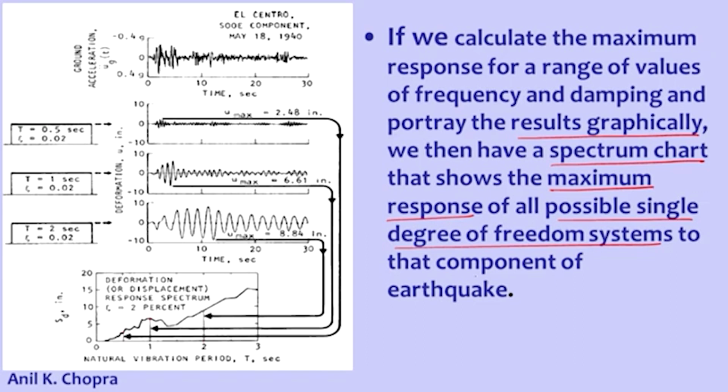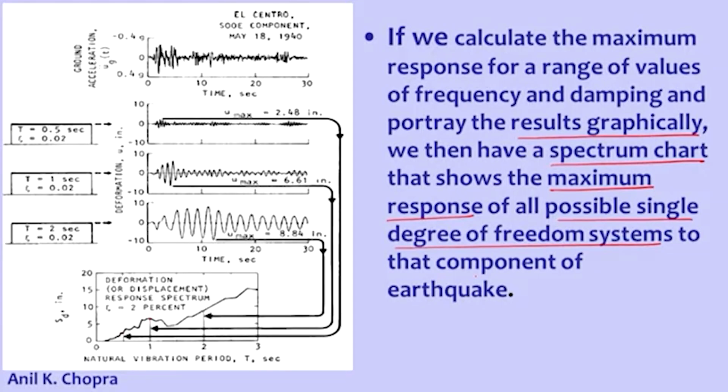Once we have a response spectrum developed for an area, then whatever building is coming, say a single story, 2-story, 3-story, 20-story or 30-story building, before designing it we can calculate its natural period, put it on the x-axis and check the maximum displacement value.